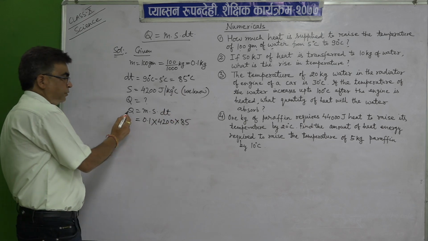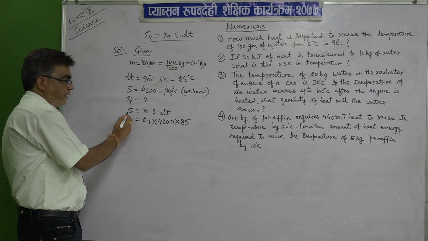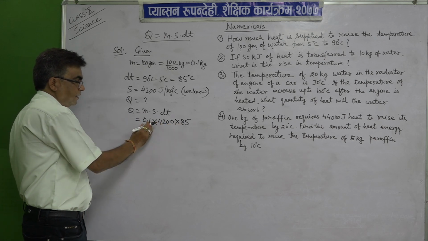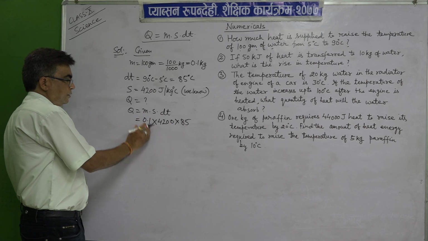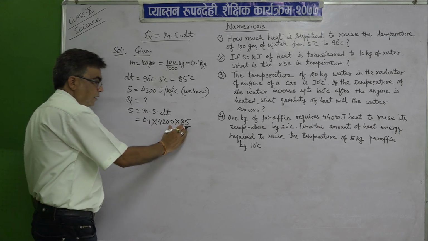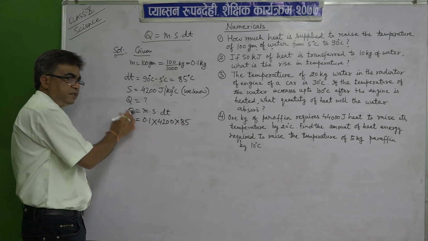So we are calculating Q. If all these are in SI, you need not write their units here, and what we ultimately get is Q, that means heat.